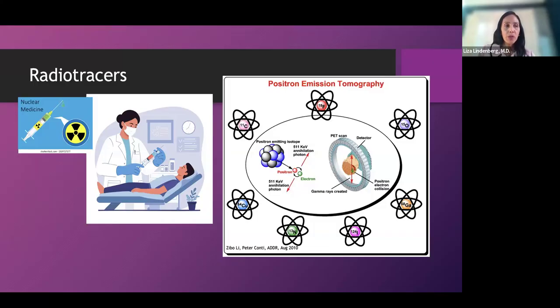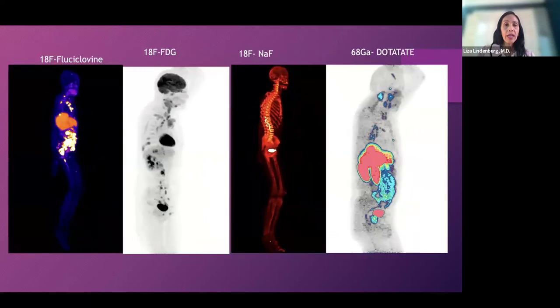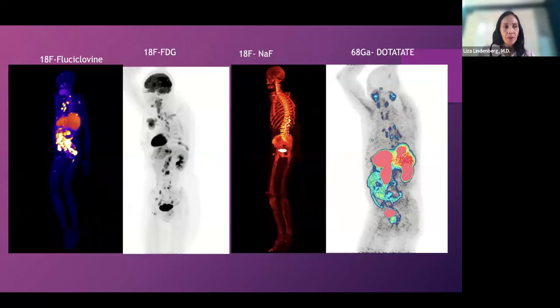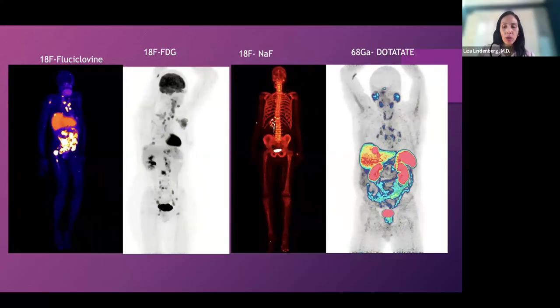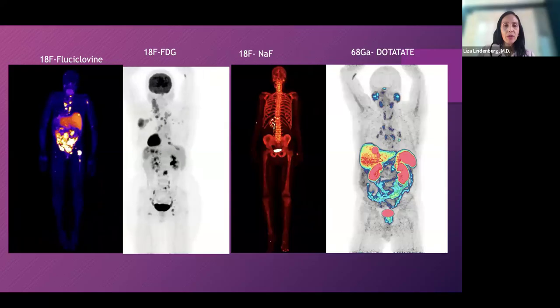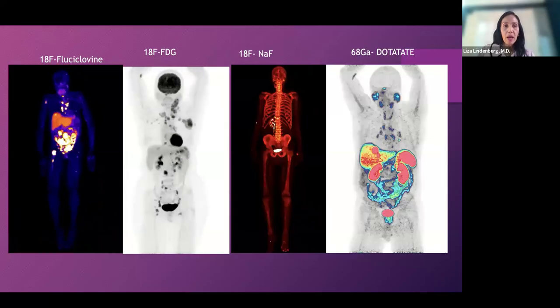This reaction produces energy in the form of a pair of photons. The PET scanner, which is able to detect these photons, creates the three-dimensional images that show how the radiotracer is distributed in the area of the body being studied. So here are 4 unique radiotracers that depict different functional diseases based on particular molecular targets.